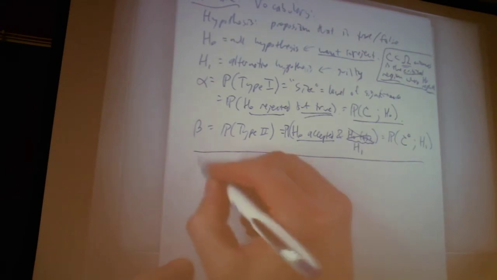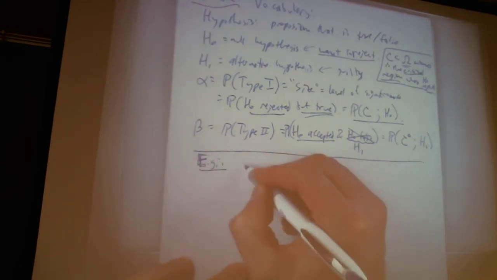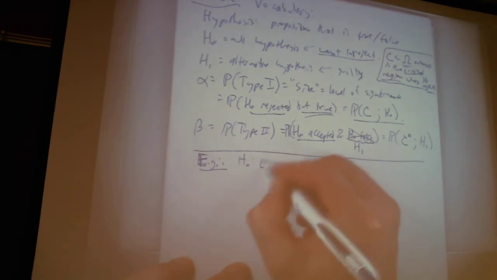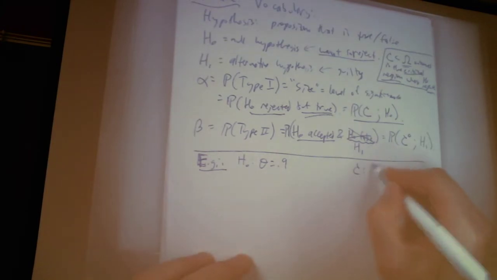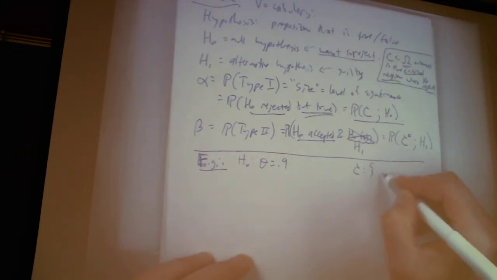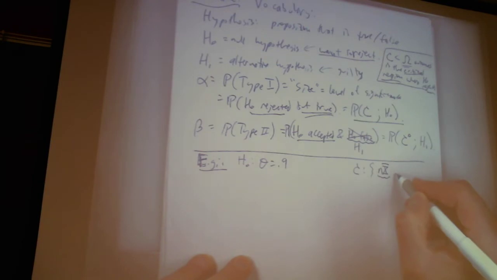Okay? Let's look back at our example from last time. Which was H0 is the test that theta is equal to 0.9. We're flipping a bunch of coins or testing drugs or whatever. So we had a binomial distribution out of 20.